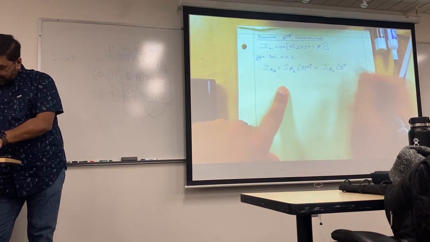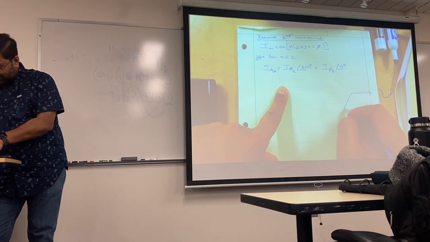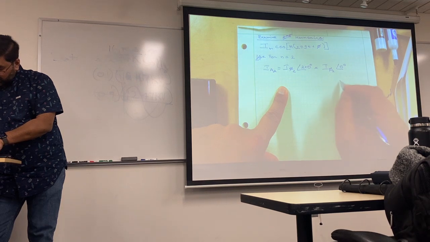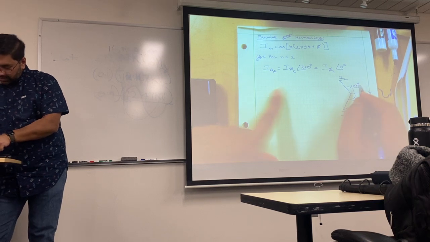And this should be clear from what we have been discussing so far, with IA being here, and I'm going with my ABC sequence, so nothing new here. 120 here with a negative, 120 here with a positive.